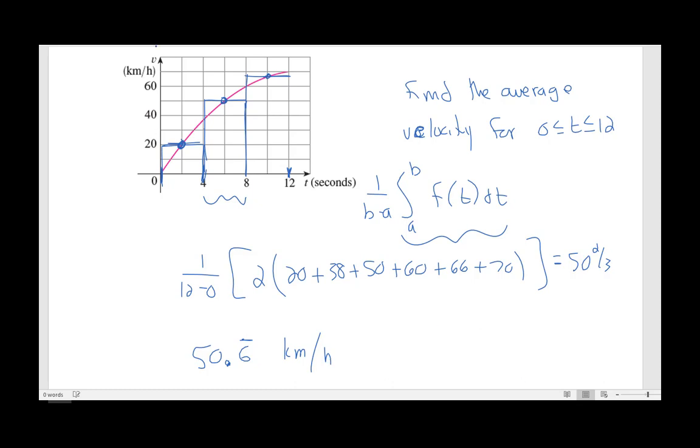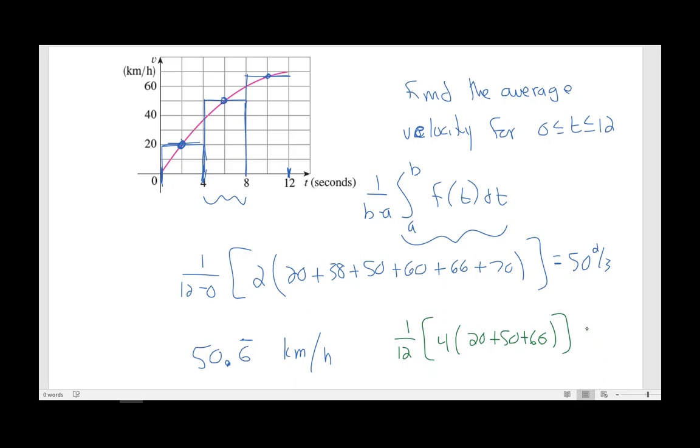Let me switch to green just to sketch out what we're discussing. So I would have an average of 1/12, and then I would have a delta x of 4, and then my 3 midpoints were 20, 50, and I said 66. So if I took a midpoint approach, this would be another way to estimate that integral.